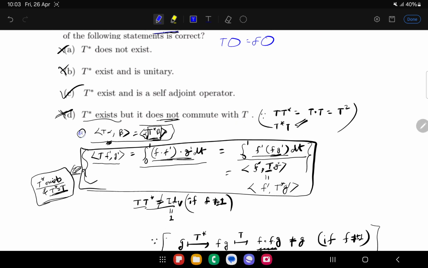For A, this is the discussion. We want to see if such a T star exists. This is the defining property of T star. So we have the inner product of Tf' and g' equal to this integration, because this is Tf, but Tf becomes f'. So it becomes f' times g' dt, the integration from 0 to 1.